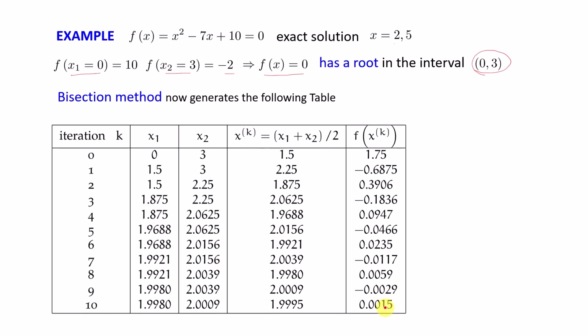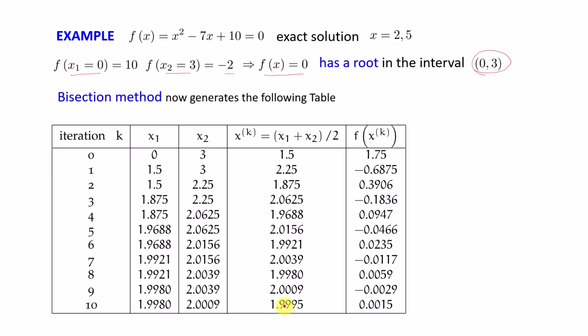It is small, but it is still not very close to 0. So we keep on iterating, and we can see that my f of x is coming down closer and closer to 0, and my x is coming closer and closer to 2.